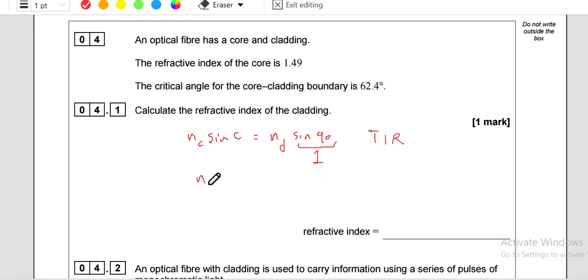So n cladding equals 1.49 for the core times sine 62.4, which is the critical angle, is 1.32.